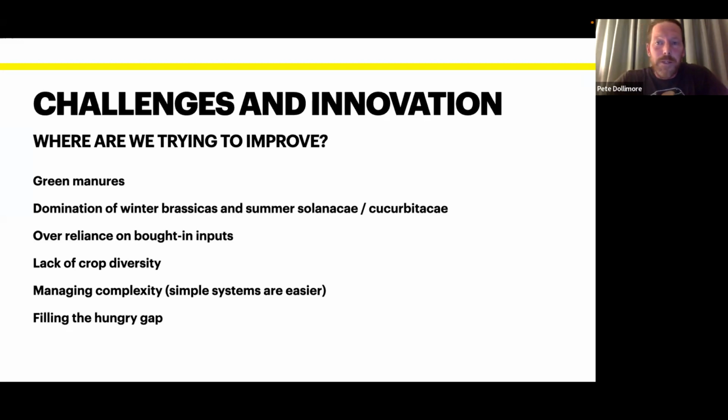So aside from all the structures and the energy and all that stuff, the planning and making sure that we're getting carbohydrate crops as well as nutritional crops that we can eat in the spring, maybe root vegetables, early potatoes, early carrots, early onions. How we go about doing that profitably is a challenge.